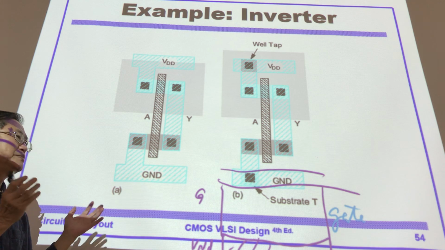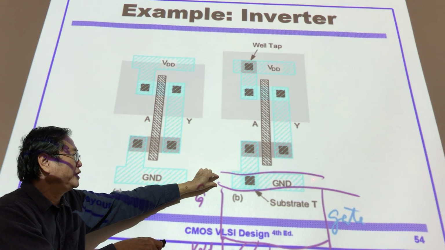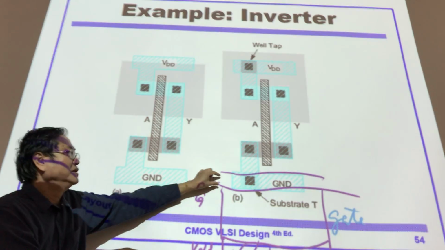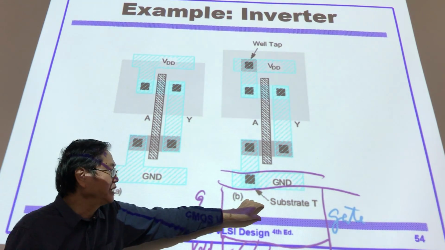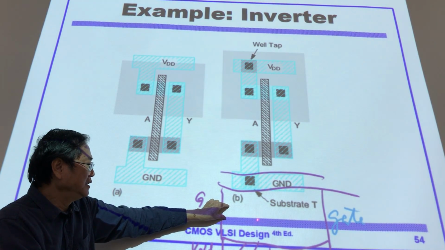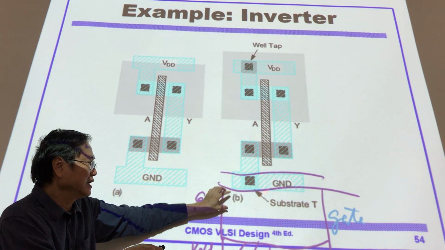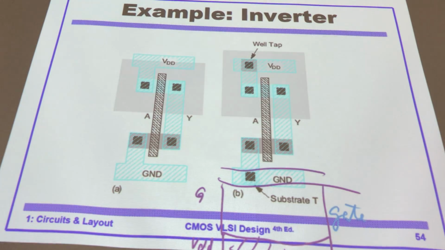Many people try to combine the ground layer here and this ground. They can share the same ground layer such that you can save chip area. Otherwise, if there's another ground here, in addition to the width of the ground, also the spacing consumes chip area. So this way you can save a little bit of chip area.